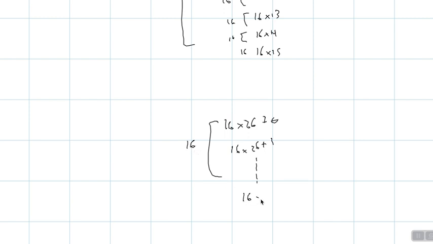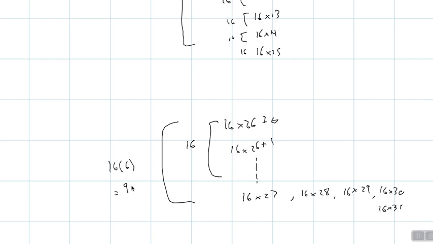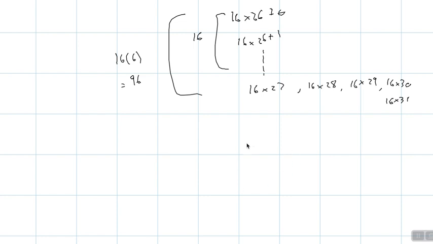And same with 16 times 27, 16 times 28. Again, in total, we're going to have 16 times 6, which is 96. And we keep doing this, the same process with 16 times 42 plus 0, 16 times 42 plus 1. We're going to get 16 from that.